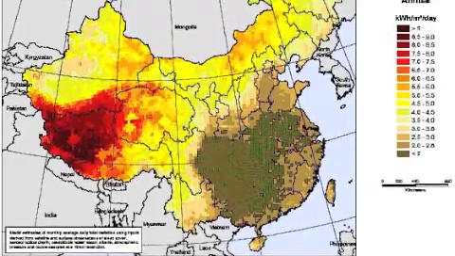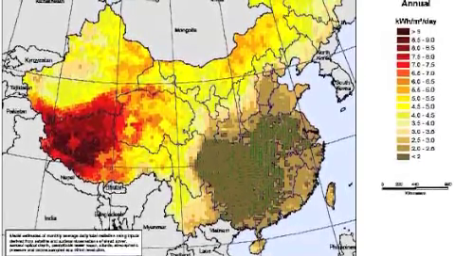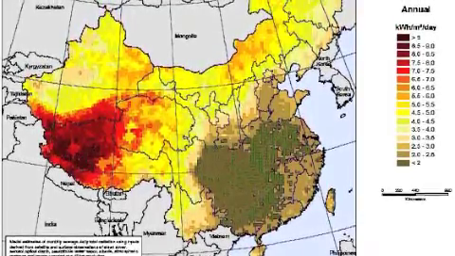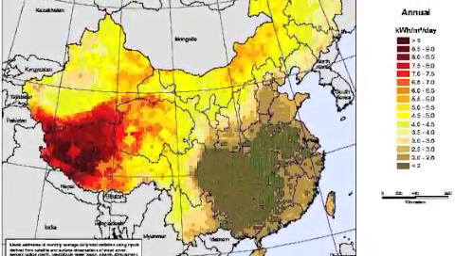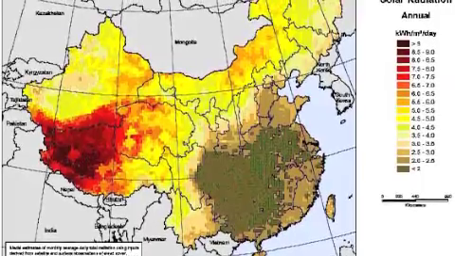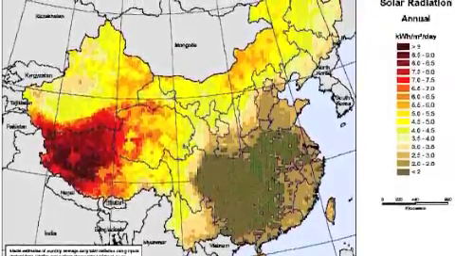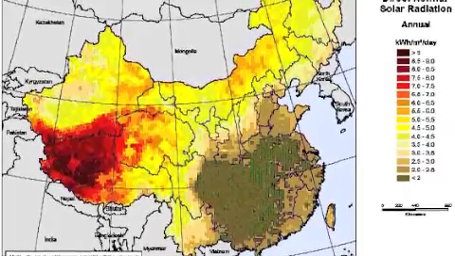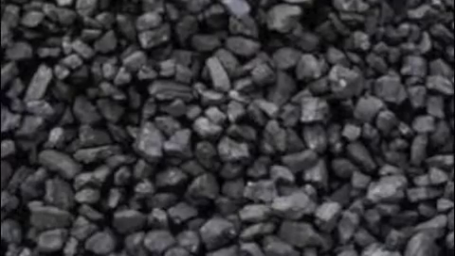I'm going to talk about how we could apply this knowledge to China's energy consumption. As you can see on this visual, the southwest part of China is really hot. In fact, it receives an average, I'd say, 7.5 to 9, or 8.5 kilowatts per hour.